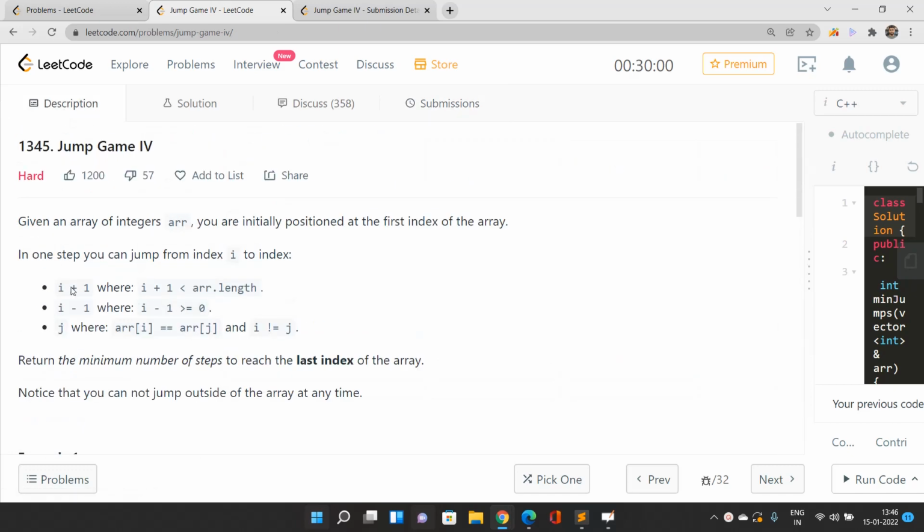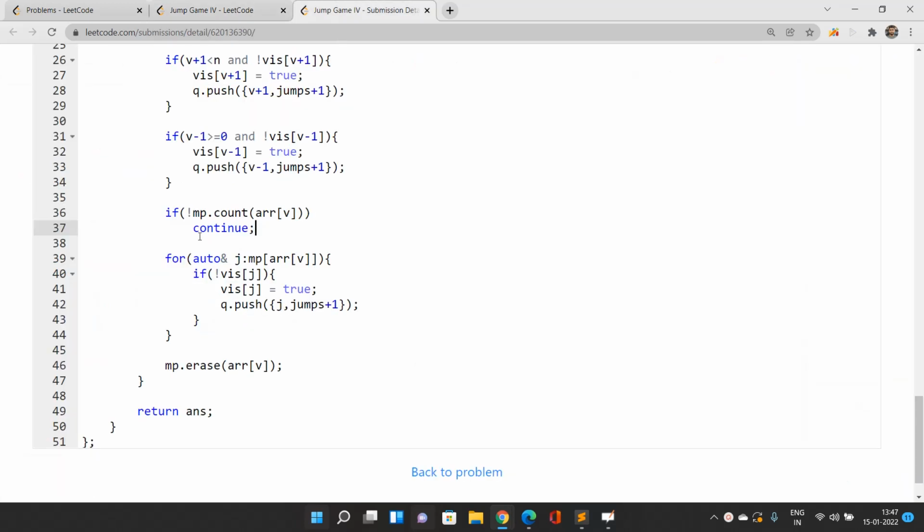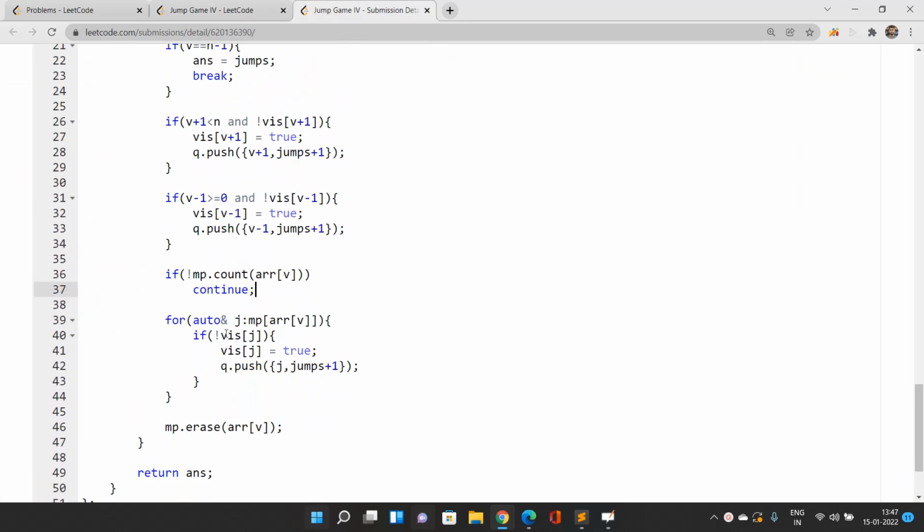What is that? If for this array of j the values are the same, I will jump directly to those indexes. So this hash map will help us perform that efficiently. I will iterate through all those indexes, and if those indexes are still not yet visited, I will visit them and push them into the queue with jumps plus 1.